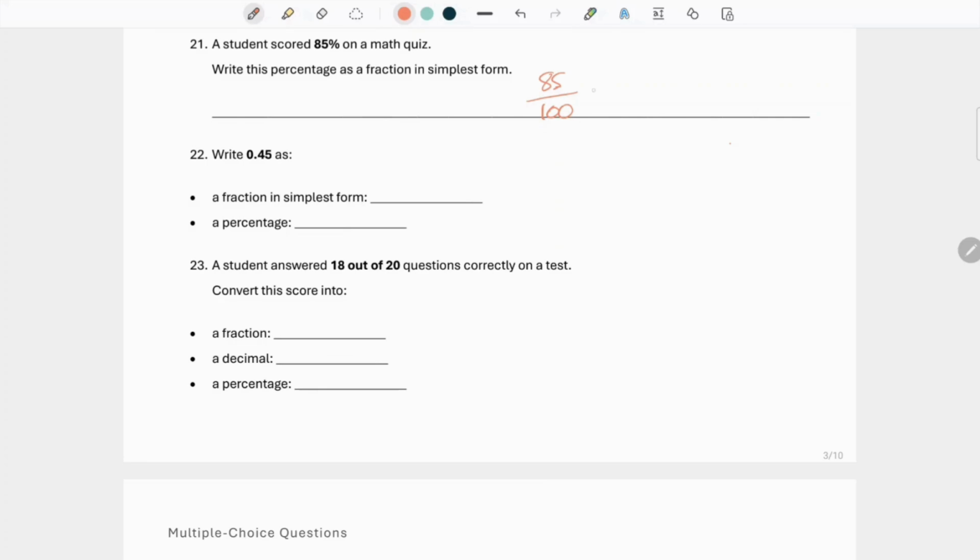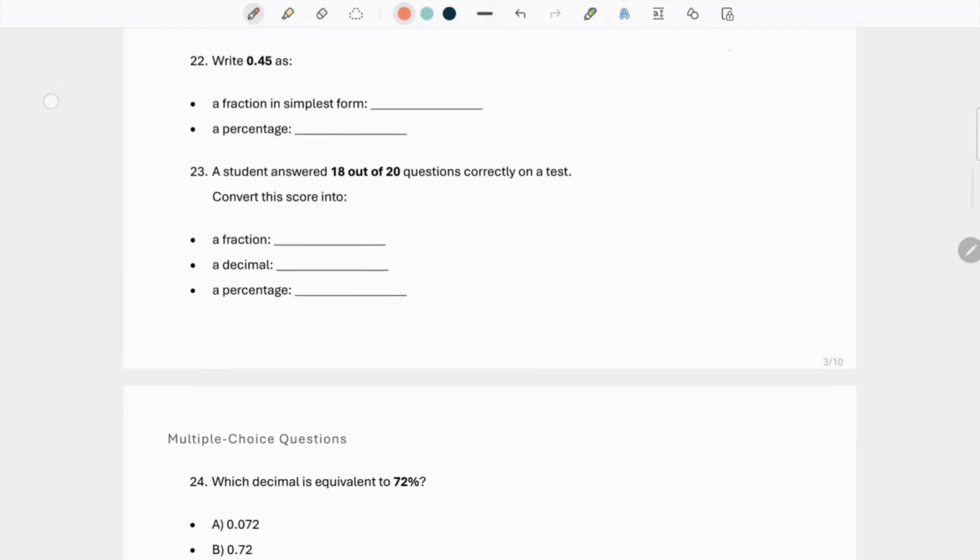So I know that they're both divisible by 5. So let's divide it by 5. So we end up with 17 over 20. Can it be simplified further? No, because 17 is a prime number.